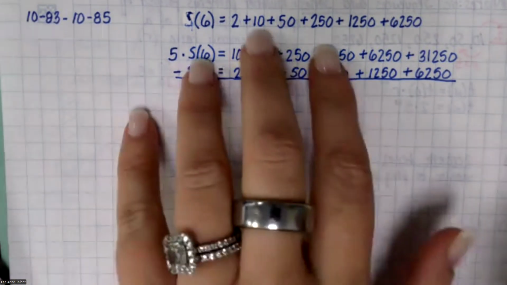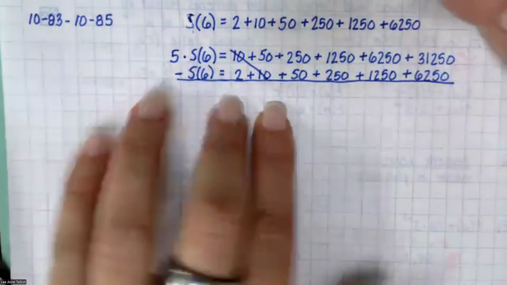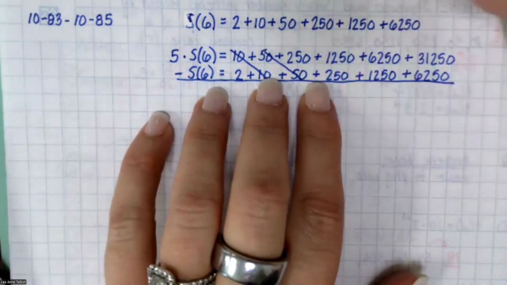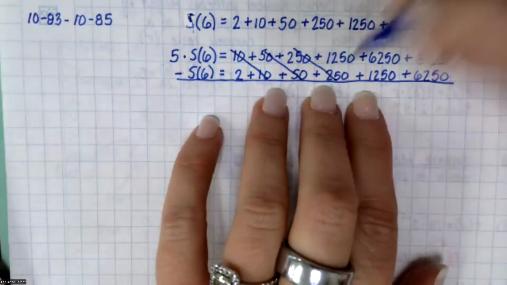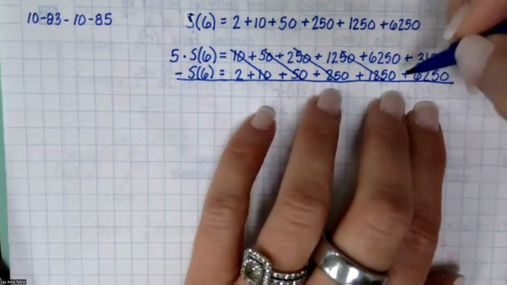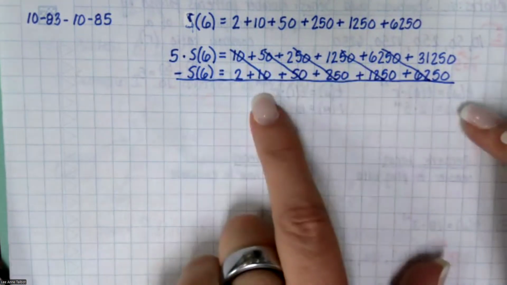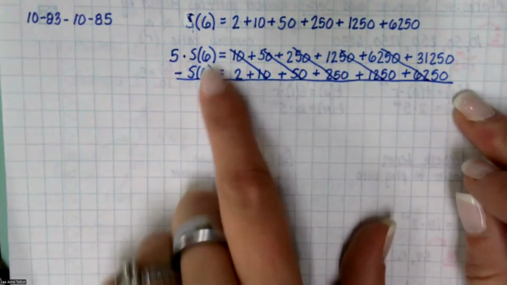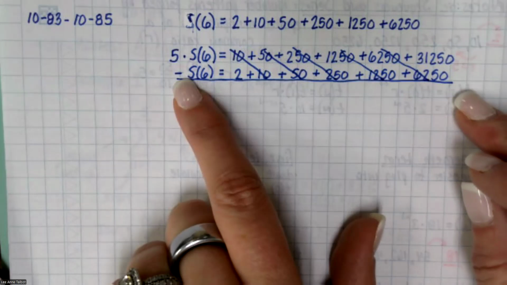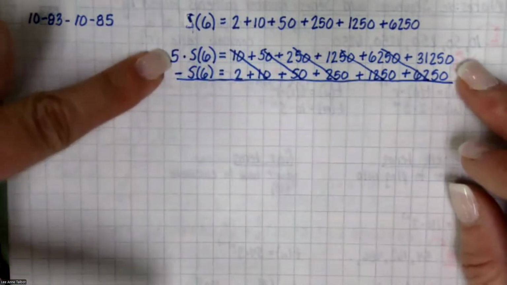Okay, and so if I subtract these, does it make sense to you that the 10s would cancel and the 50s would cancel and the 250s would cancel and the 1250s would cancel and the 6250s would cancel? That was the whole point of multiplying it by 5 and then subtracting 1. Okay, because it gets me down to fewer numbers. Now, what would this side be?